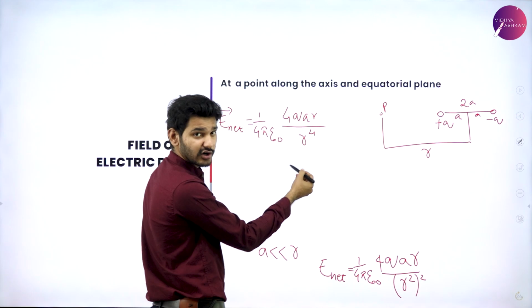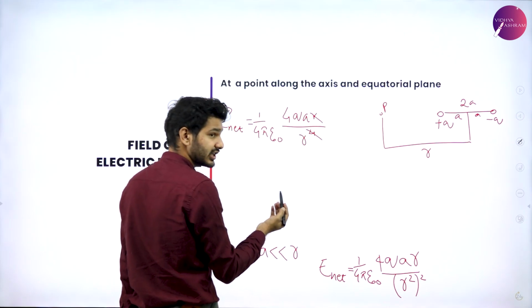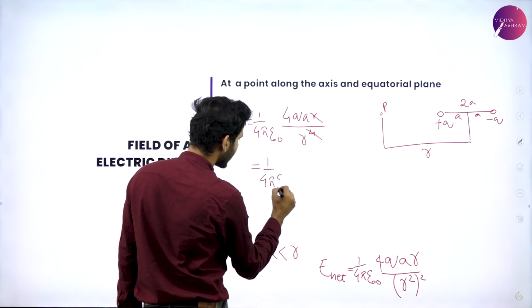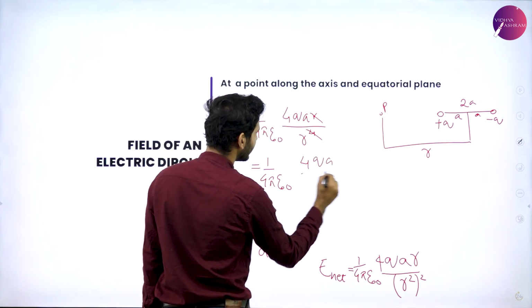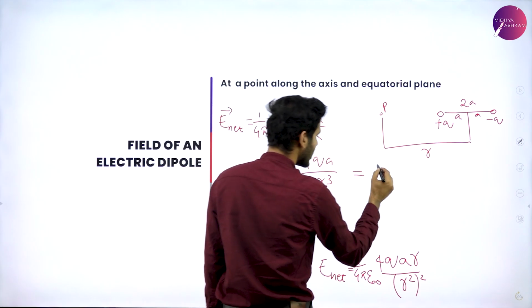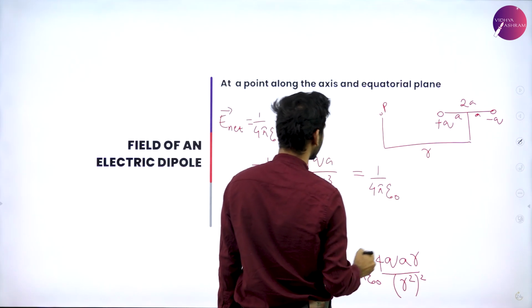So we can cancel out these two R's, and this R and this R will cancel out too. So you can rewrite this as 1 by 4 pi epsilon naught, 4QA divided by R cube.